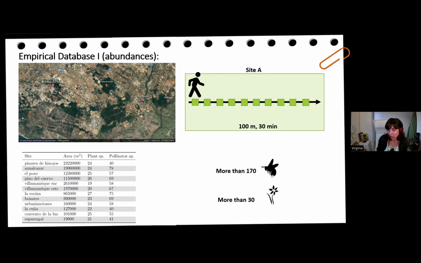Probably what happens is that in the smaller patches, species are less diluted, while in larger patches, the species are more spread because they have more places to go. So in the end, you don't see a lot of difference between the small and the large. I don't know if it's that, or if it's just that they are really similar.